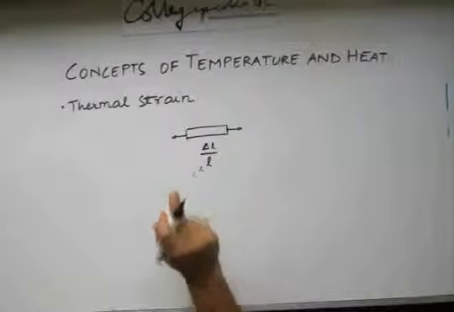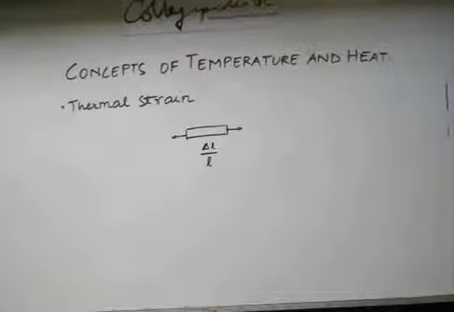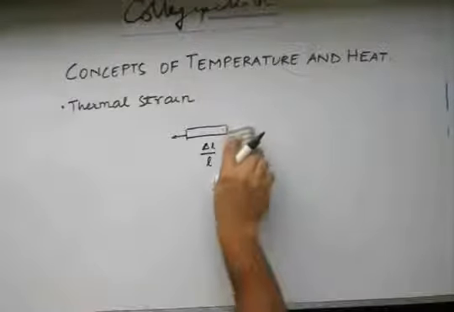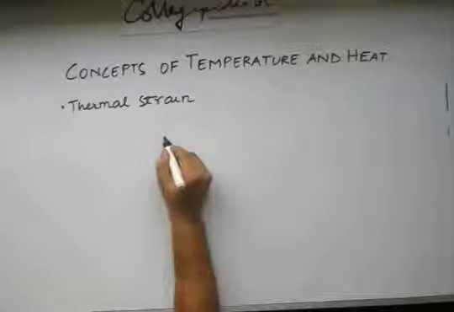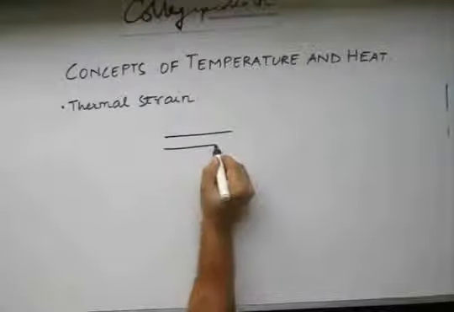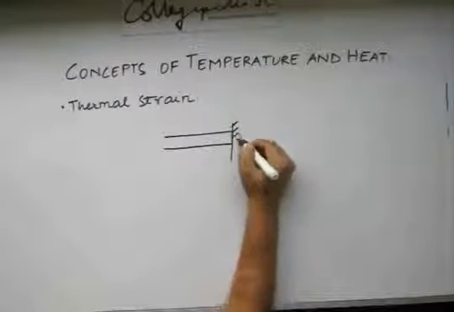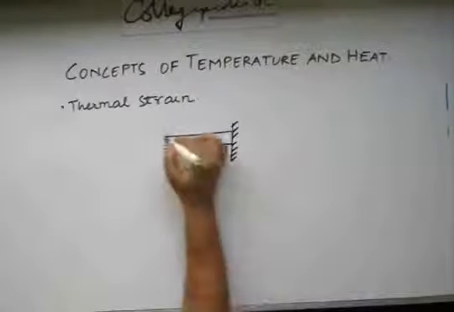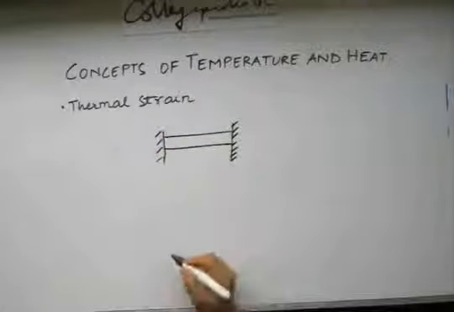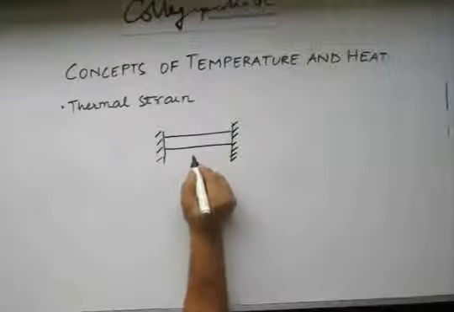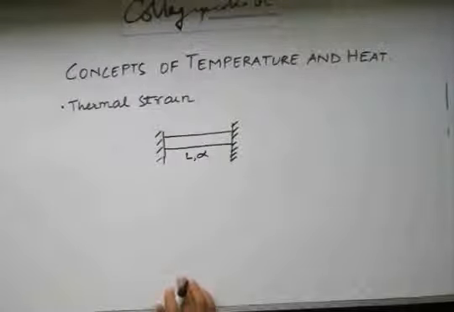In the same way, we will have a thermal strain being induced in the rod in a situation of this sort. Say we have a rod, and say this is clamped at both its ends between two walls or two supports. So this rod has a length L and coefficient of linear expansion alpha.